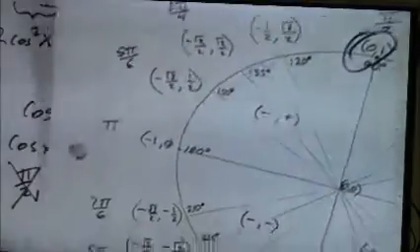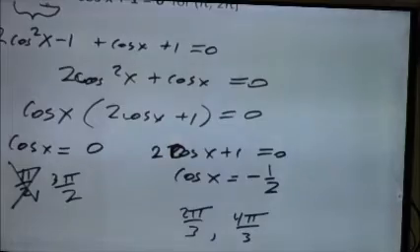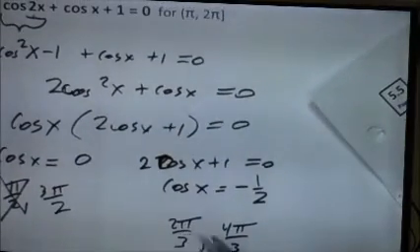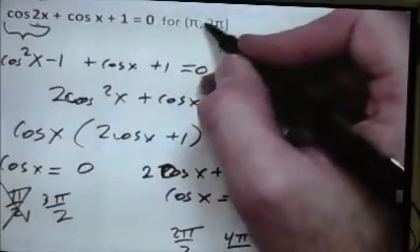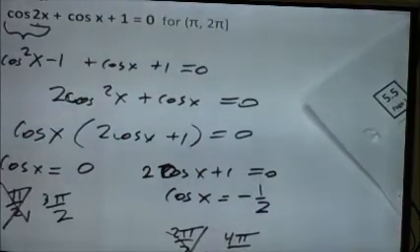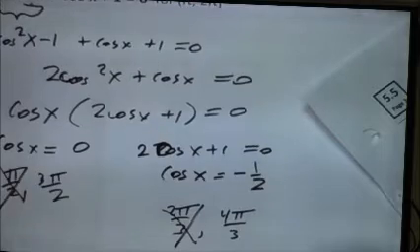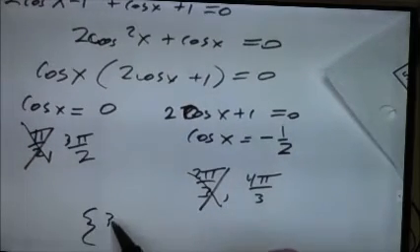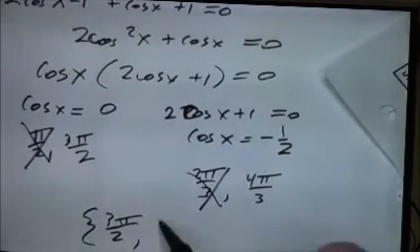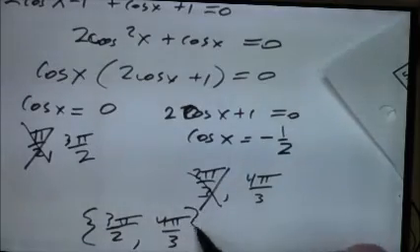They always match up with each other anyway. This one's in the second quadrant, this one's in the third, and this is only the third and fourth quadrant, so that means the 2 pi over 3 is not acceptable. So we have 2 answers for this one: 3 pi over 2 and 4 pi over 3.